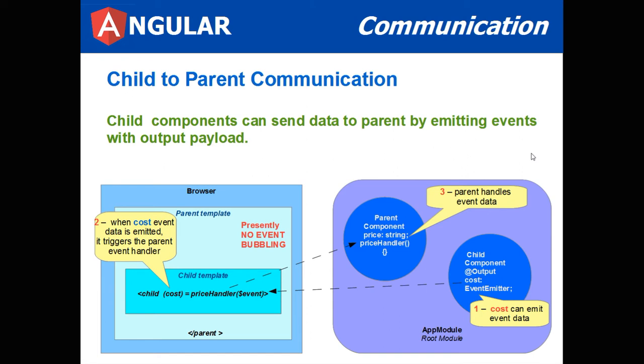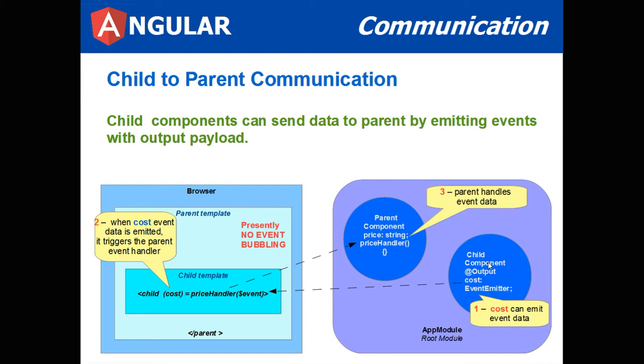Okay, so now let's look at child to parent communication. Child components can send data to parent by emitting events with output payload. So let's take a look at this particular situation. We have a child component. We have an annotation which says @Output.